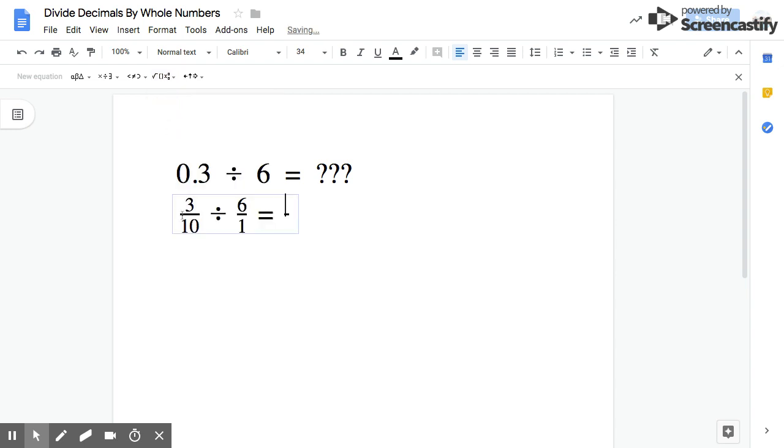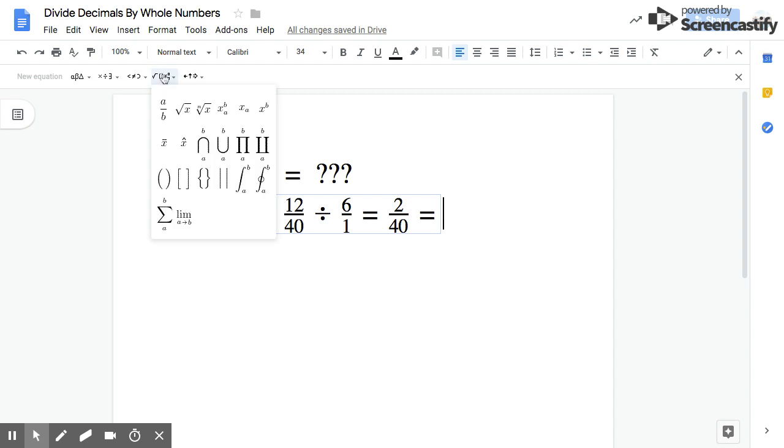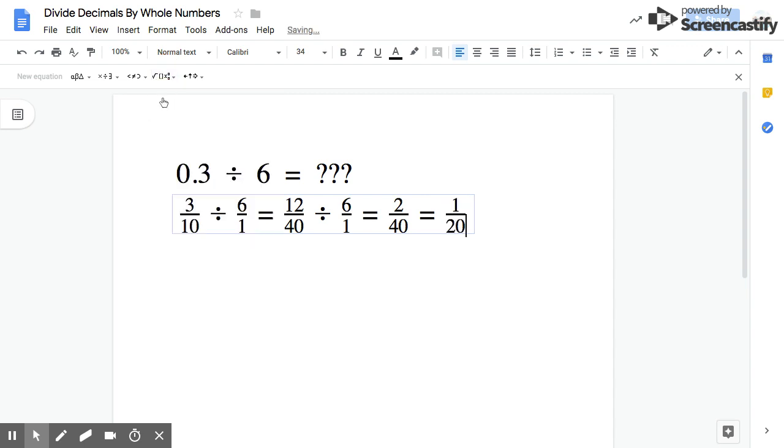So I could turn this into 12/40 divided by 6/1. And then I know that that's going to equal 2 divided by 40, 2/40, which is equal to 1/20. And then that gives me the fraction that is the answer to this division problem.